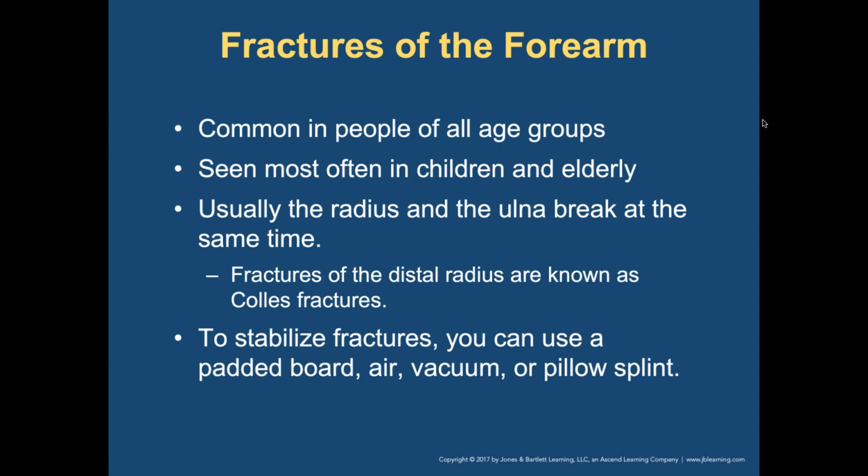So, fractures of the forearm. Fractures of the shaft of the radius and the ulna are common in all age groups, but you see them most of the time in children and older people. Usually both bones break, the radius and ulna at the same time, as a result of an outstretched hand again. An isolated fracture of the shaft of the ulna may occur as a result of a direct blow.